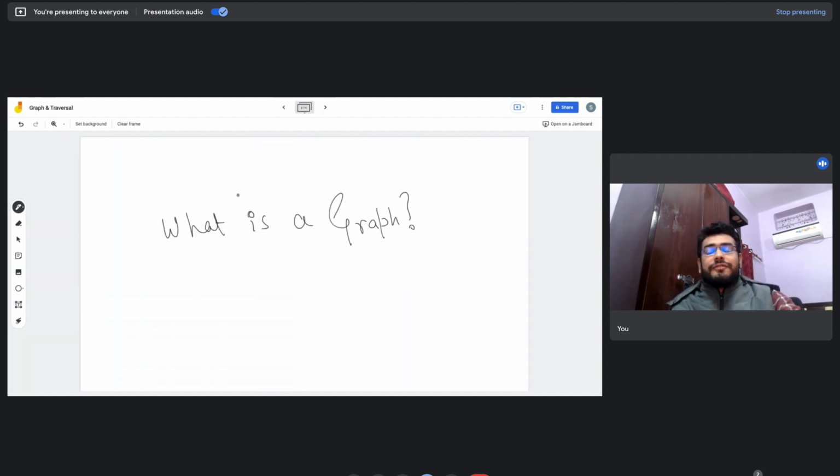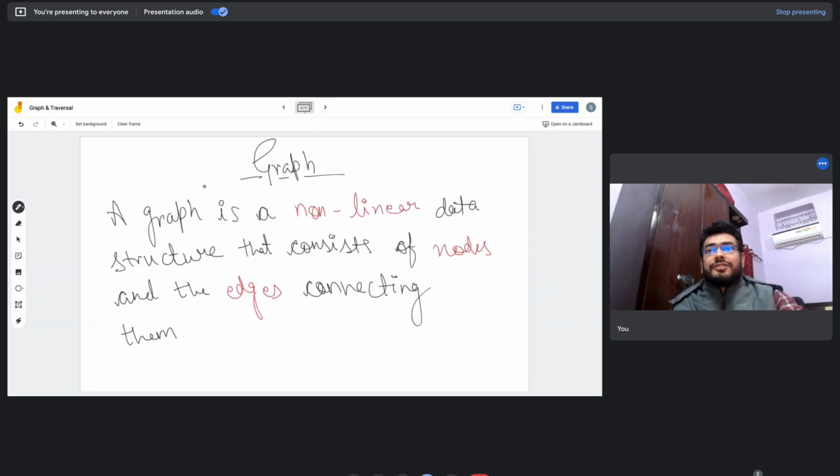So let's start off by introducing graphs, like what actually graphs are. So a graph is basically a non-linear data structure that consists of nodes and the edges connecting them. If you see over here, data structures are broadly classified into two parts, that is non-linear and linear. Now linear data structures consist of things which are contiguous, right, and they connect between the previous node, current node and the next node.